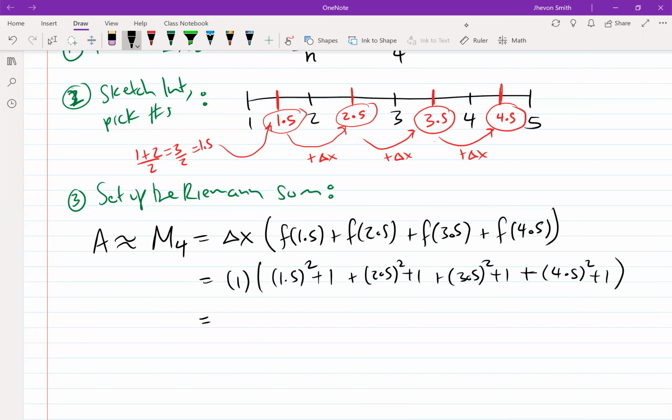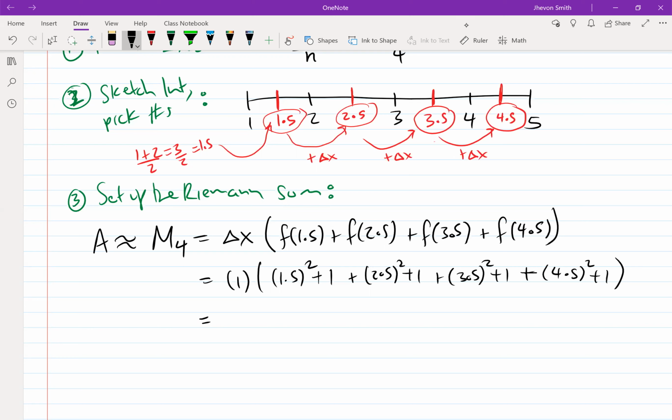And so let's actually see what that would give us here. It's 1 plus 1 plus 1 plus 1, that's obviously 4. And we want to add to that 1.5 squared, 2.5 squared, 3.5 squared, and 4.5 squared.